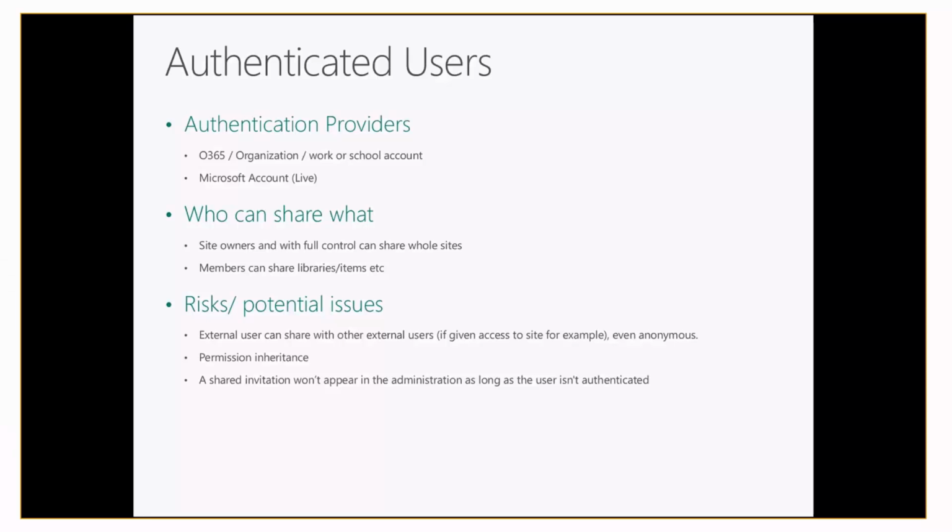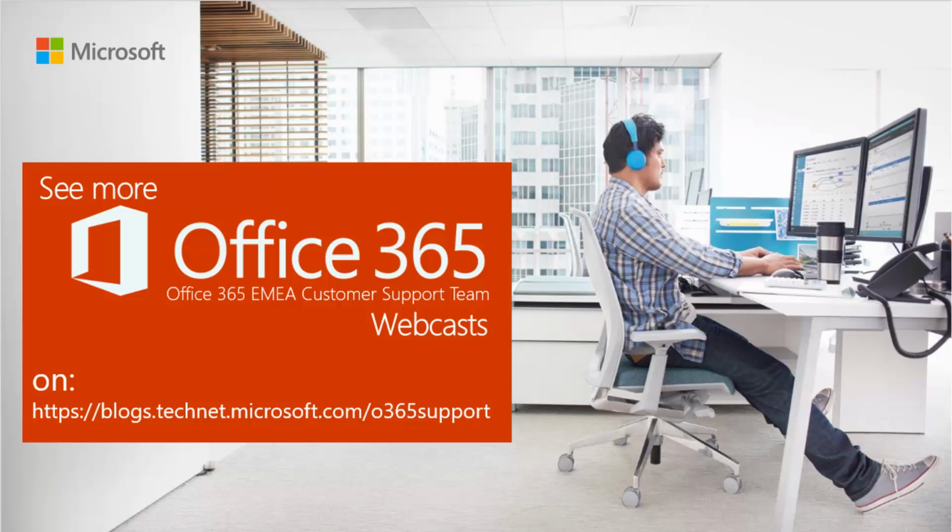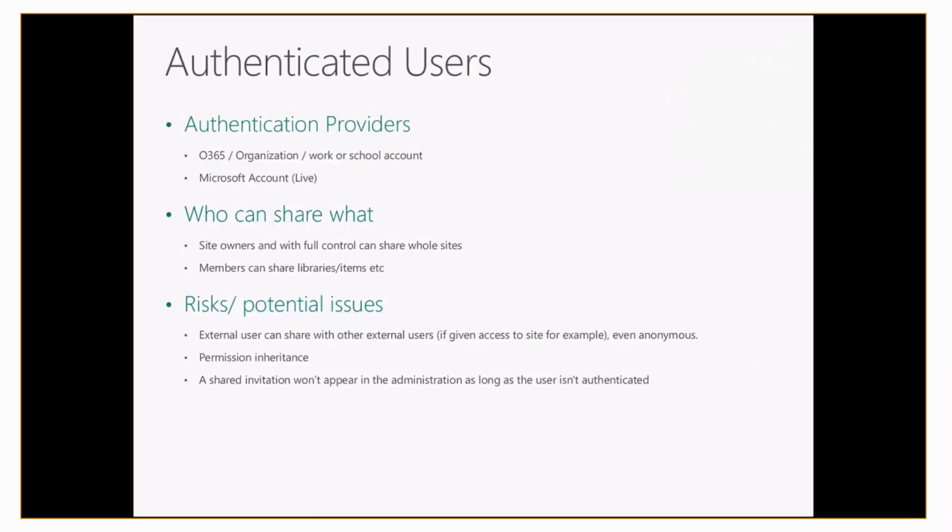So when he opens up the window, it's going to prompt: do you want to use your organizational account or live account? He doesn't know, he clicks live account, he's already authenticated, so it's not going to ask for credentials or anything, and it's going to go straight through. The external user is going to be provisioned with the live account instead of the Office 365 account. And there are some differences. We'll look into how you can check if the user is an external user from a live account or from an Office 365 account.